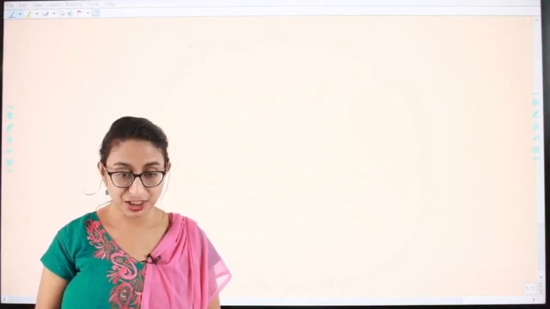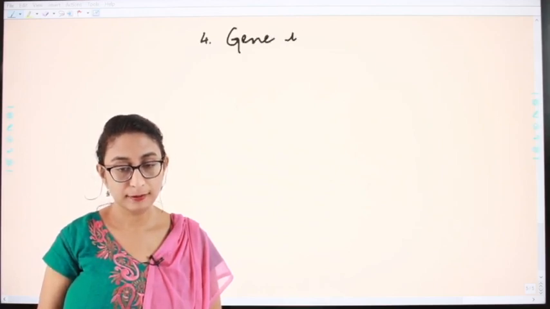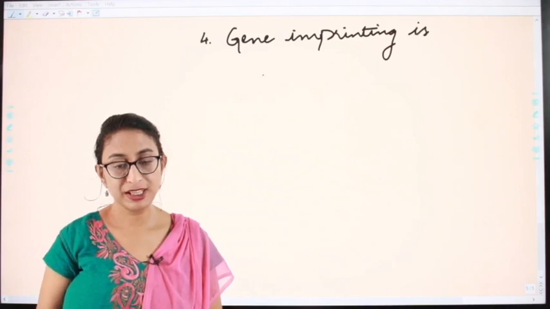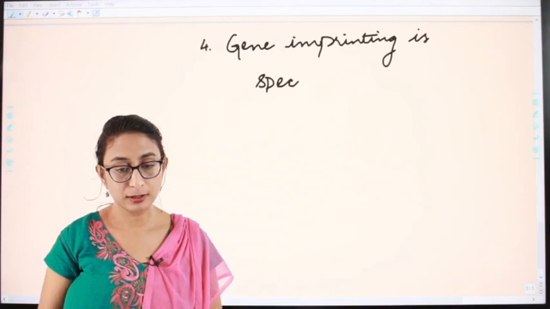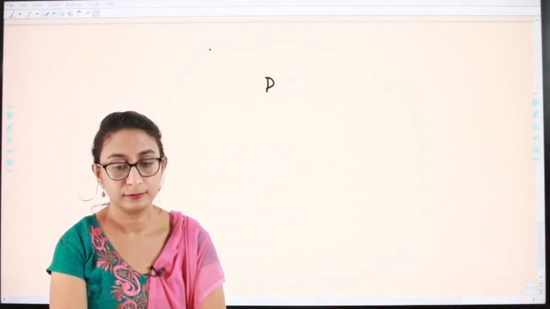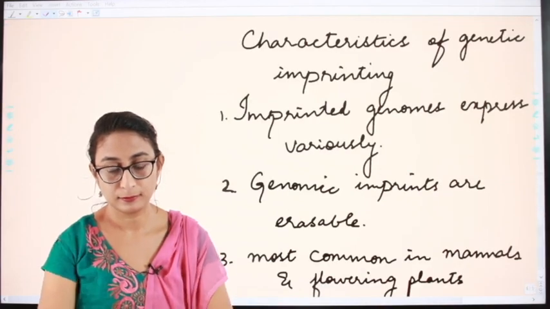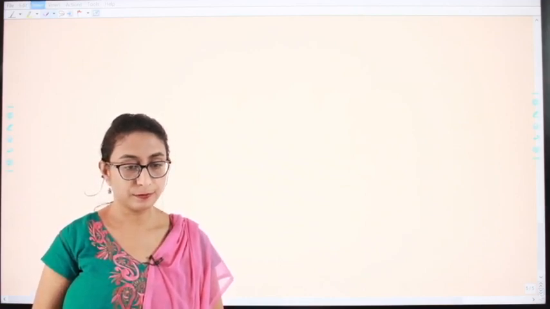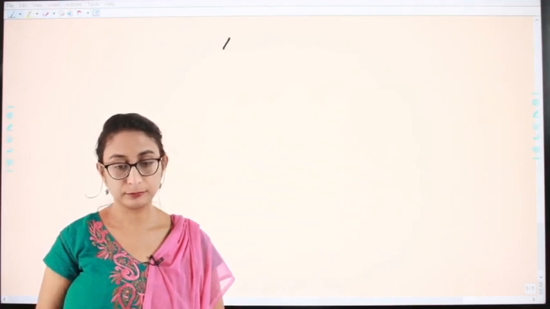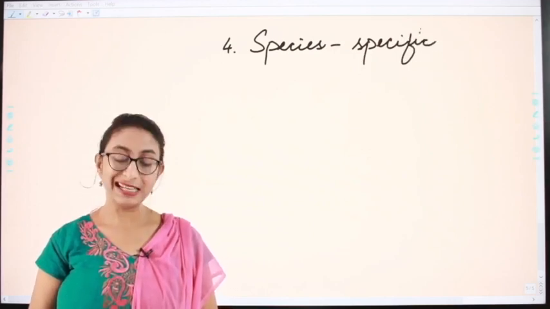Gene imprinting is species specific. Genetic imprinting is species specific.